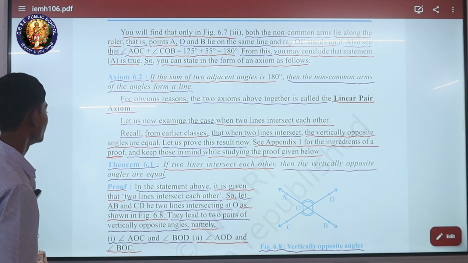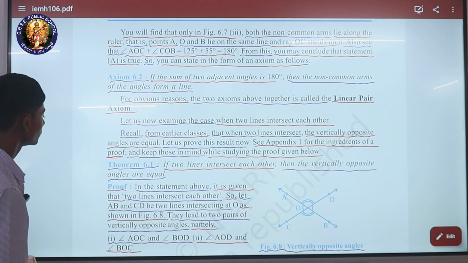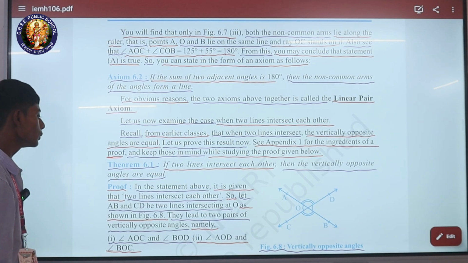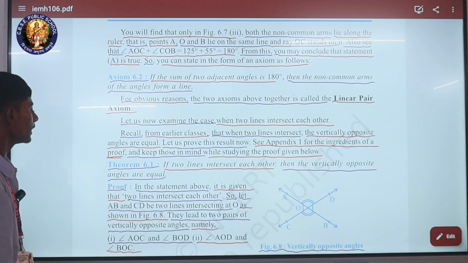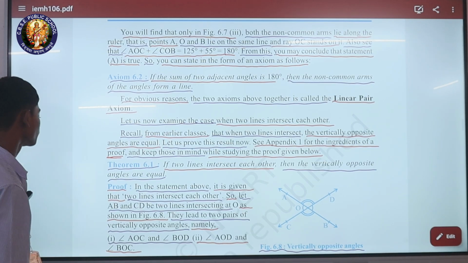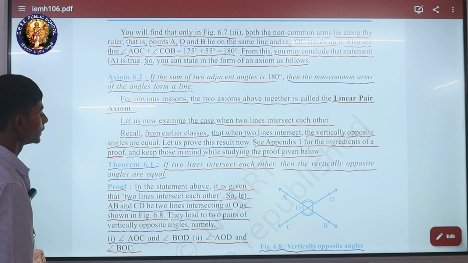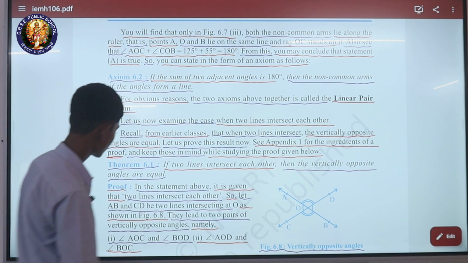So, let AB and CD be two lines intersecting at O as shown in Figure 6.8. They lead to two pairs of vertically opposite angles: first, angle AOC and angle BOD; second, angle AOD and angle BOC.